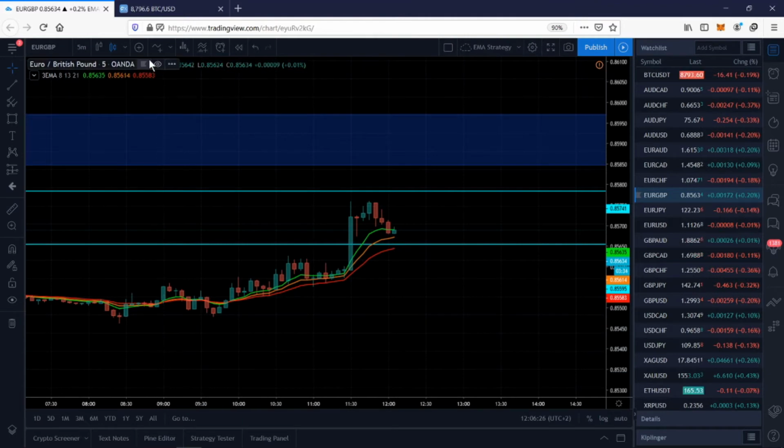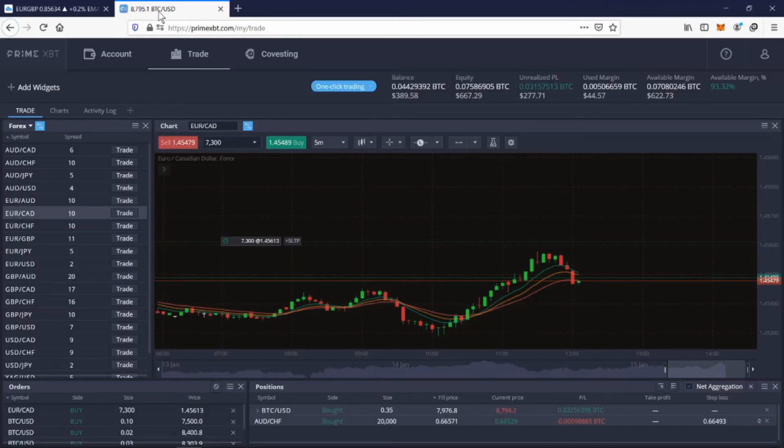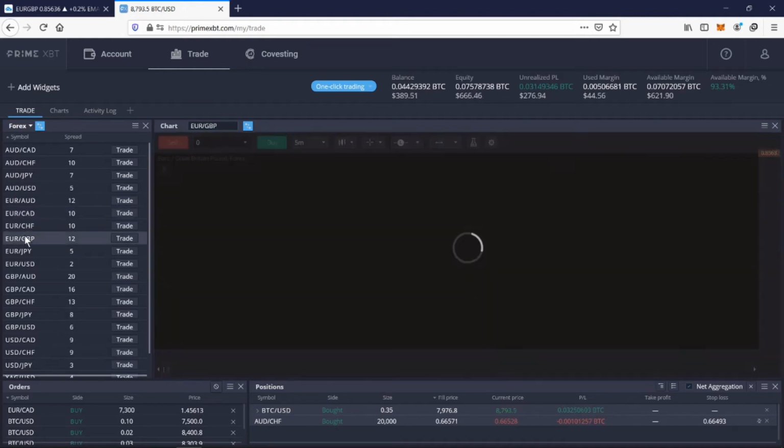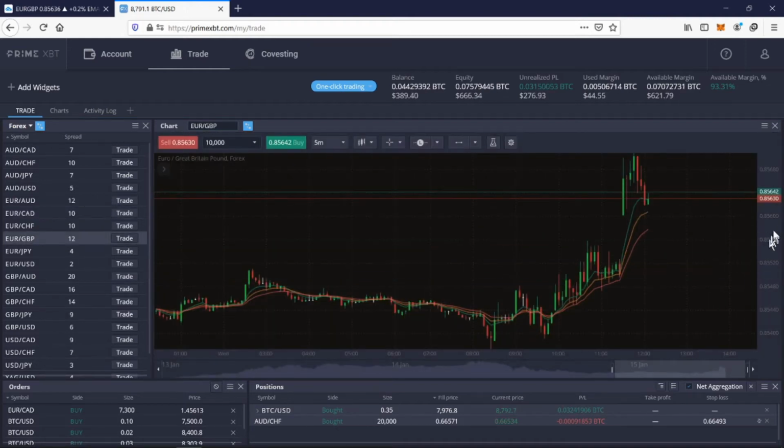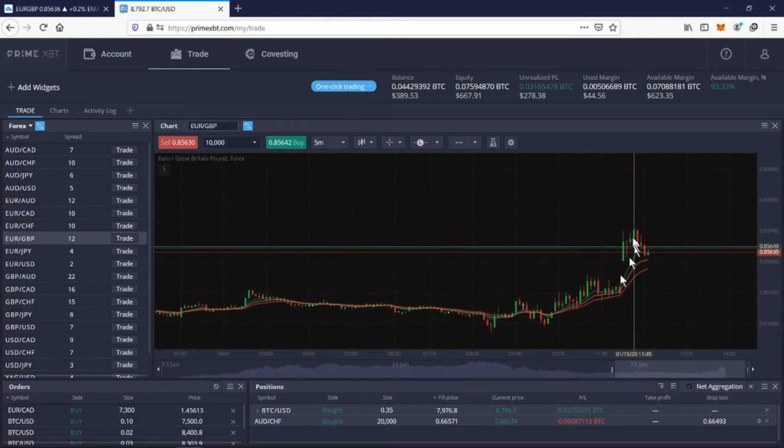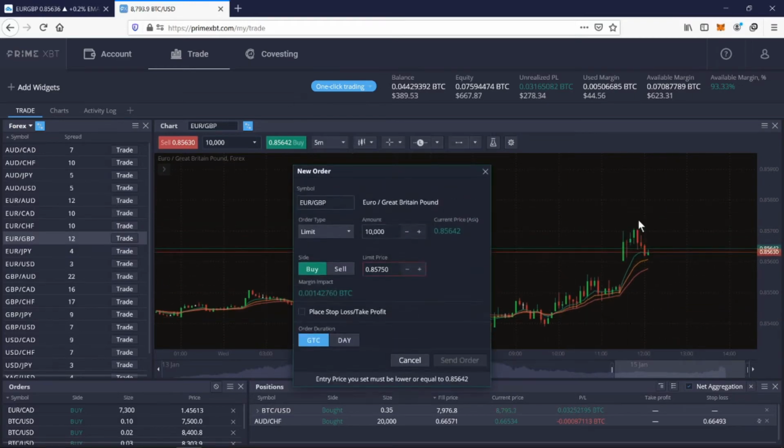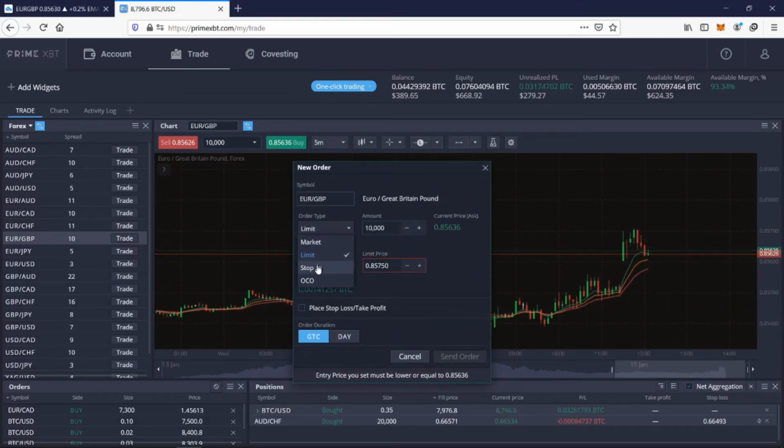So what is that? Euro GBP. Okay, so let's go to Euro GBP, and let's go ahead and put our stop buy order in. Okay. I'm just going to reduce that a little bit down to 100,000 Satoshis.